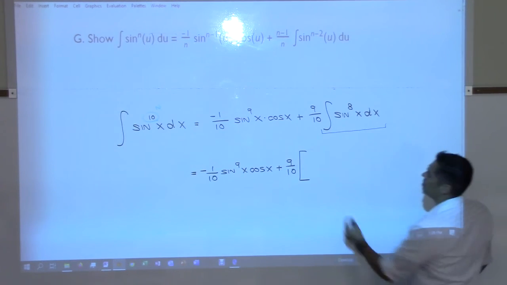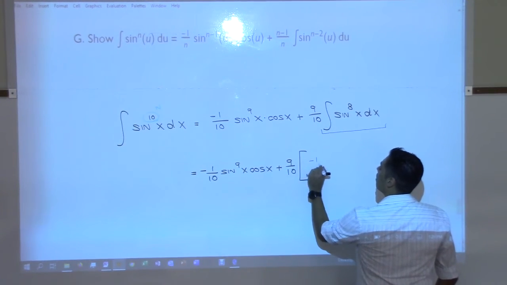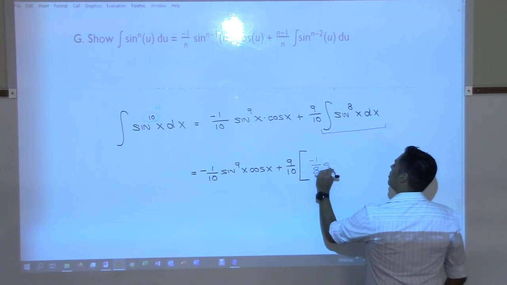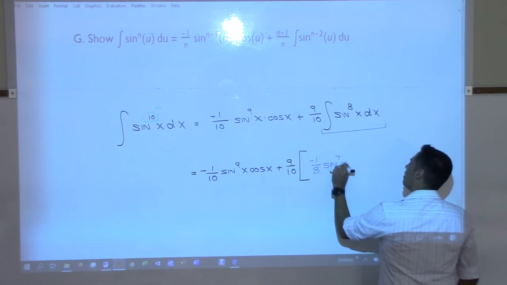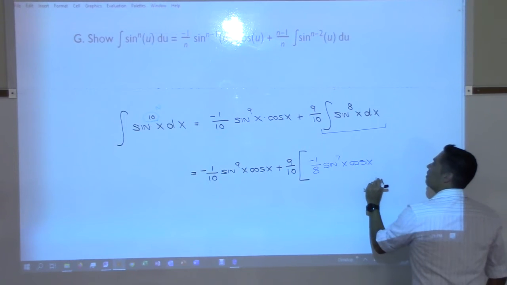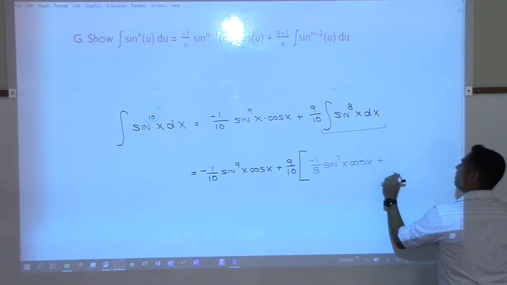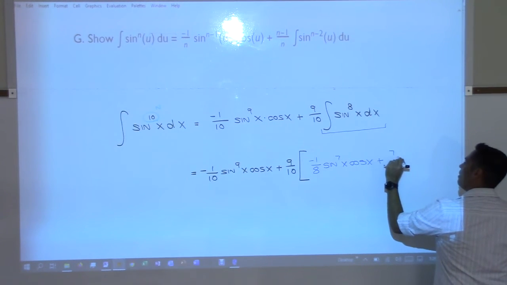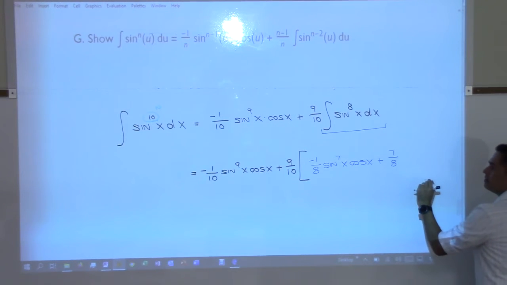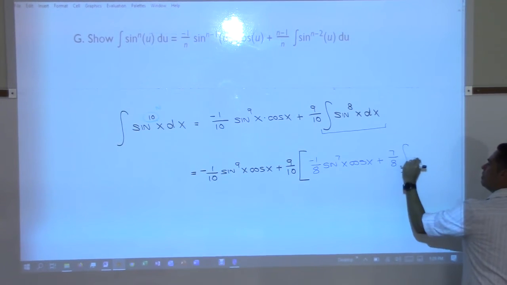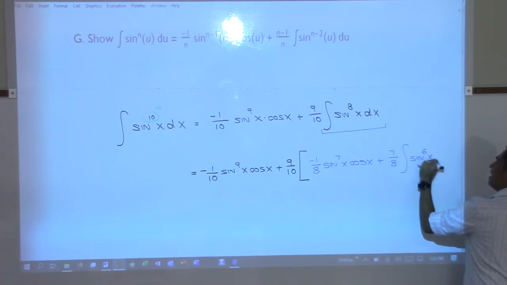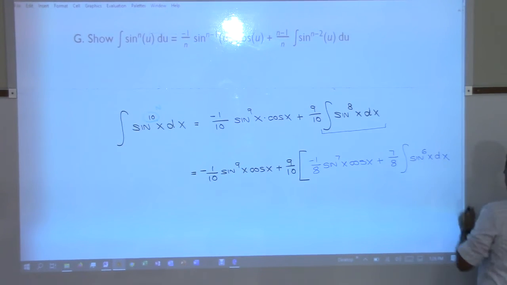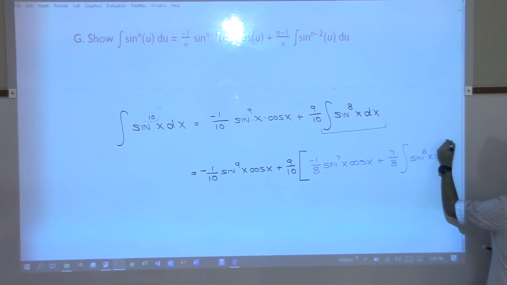So our formula is going to be negative 1 over 8 sine to the 7th x cosine x plus 7 over 8 integral sine to the 6th x dx, right? And then we close that off. And now what?